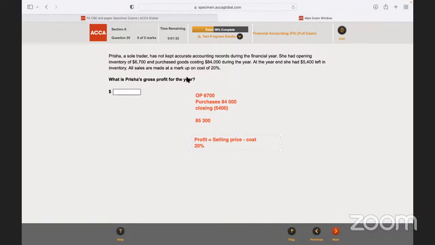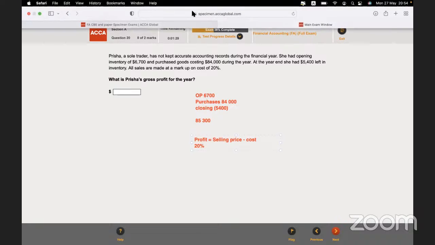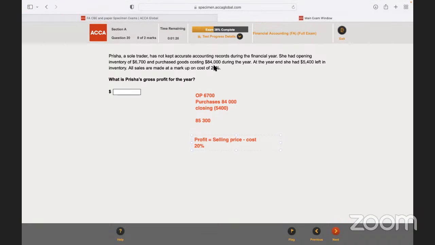If the business is using a markup, 20% means that's the profit. And if we are using markup, guys, we always assume cost to be the 100% factor. Okay. So now, in our question, this cost is what we call cost of sale.